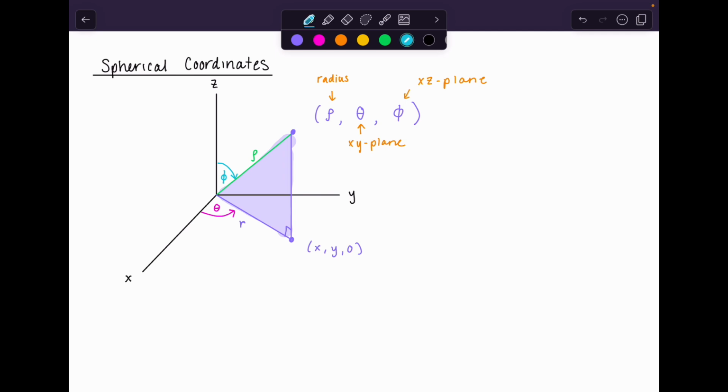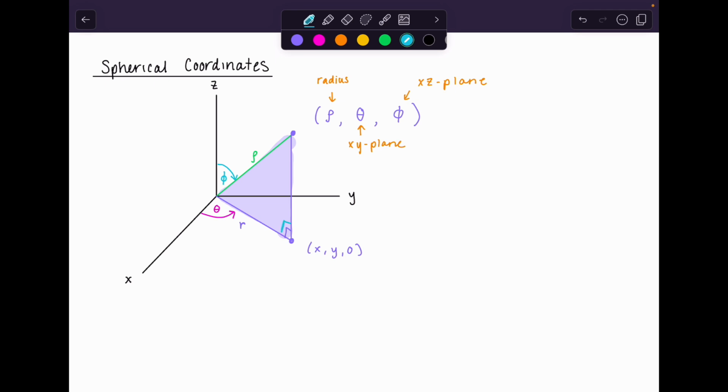So what ends up happening here is, because we do have a right triangle, even though I know it doesn't look right because we're on the angle, this is going to be 90 minus phi, because these two form a right angle. So it's actually going to force this angle up here to also be phi. So we're going to need to utilize this.